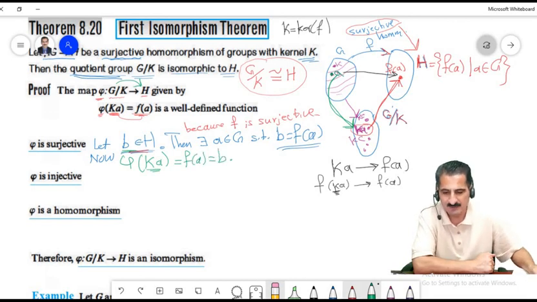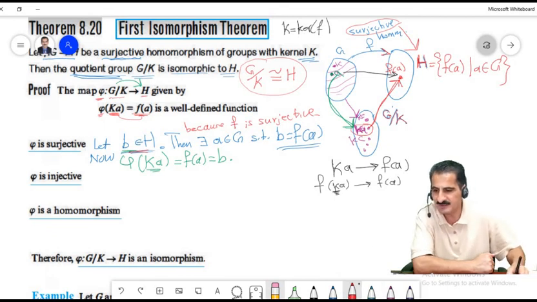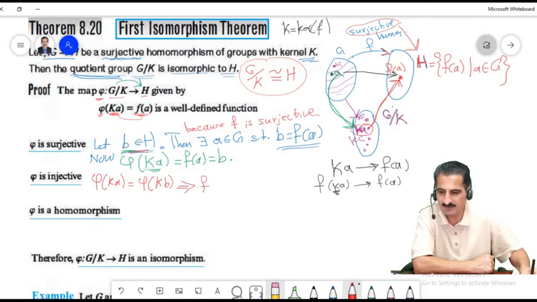Okay. Now to show phi is injective, we will assume that phi of Ka equals phi of Kb. That means F of a equals F of b, according to the definition here.